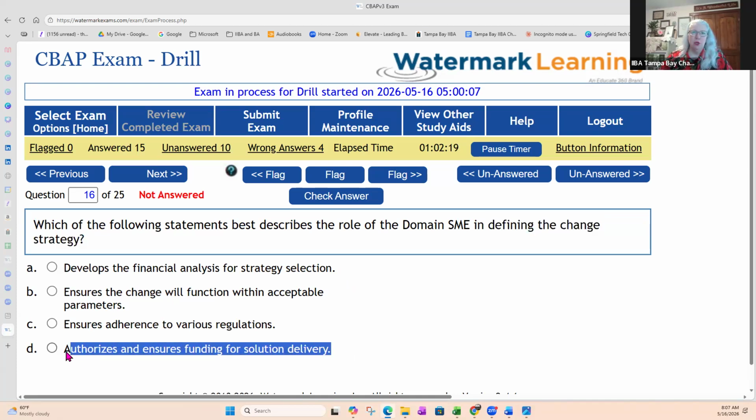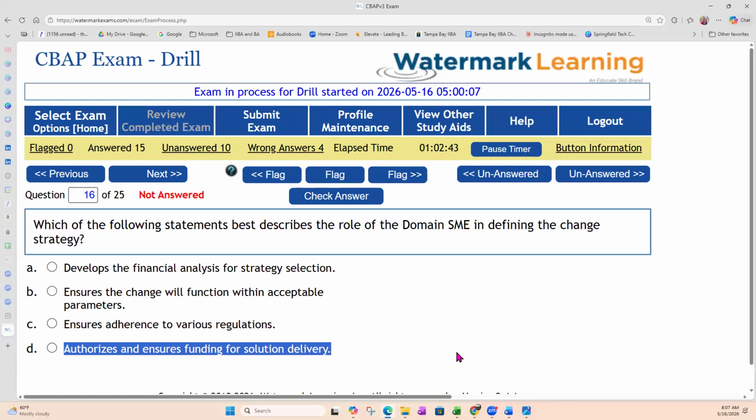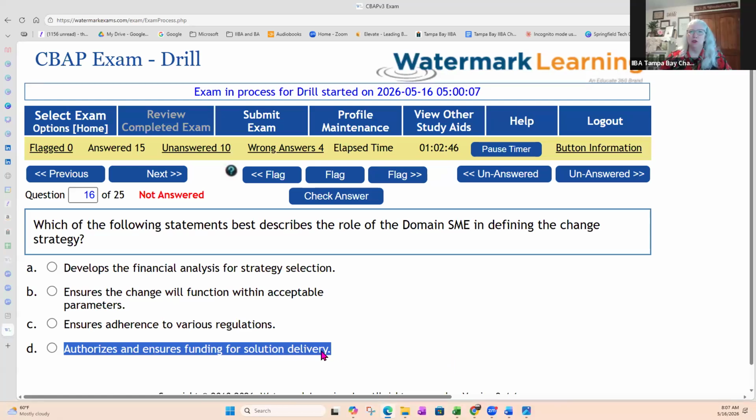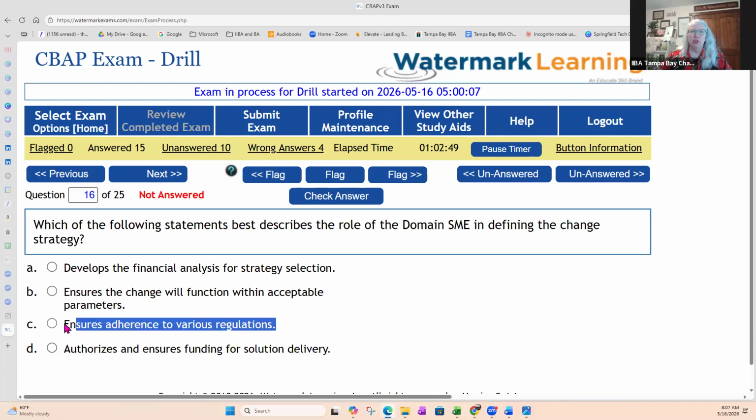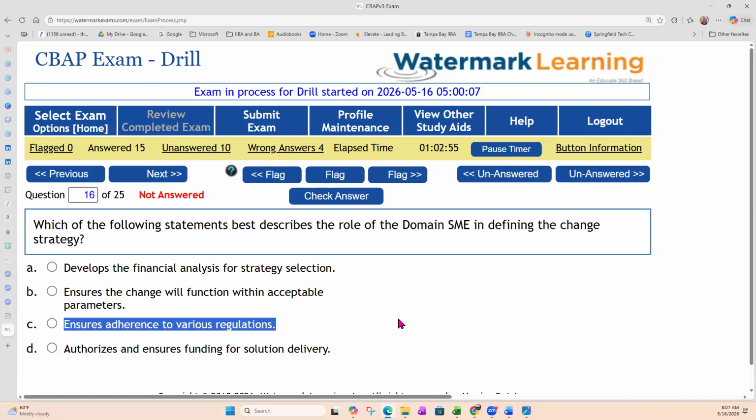What do we think of this one? Who does this job? The sponsor. This is a sponsor's job, not a domain SME. Who does this job? Yes. It can be a domain SME, but I believe it's more like a regulator.